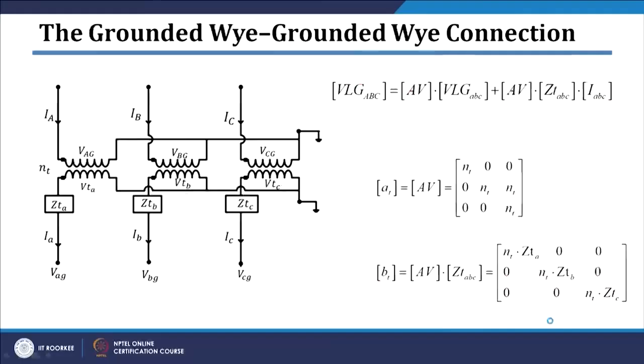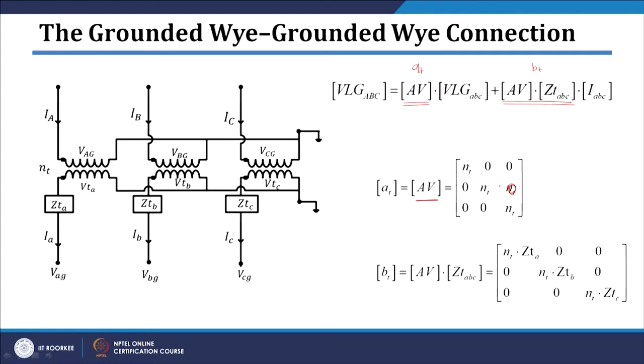So, let us see what we are getting. As I told you, we are getting this as A parameter AT, and this is B parameter BT. So, A parameter is just AV, and AV we have defined, okay, here there is a mistake, it should be 0 here.